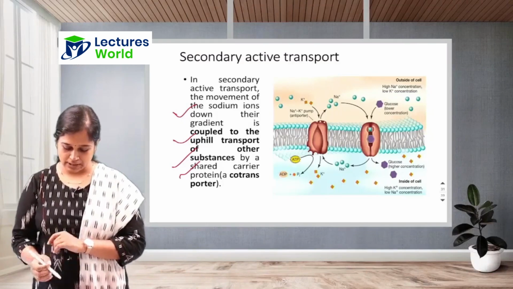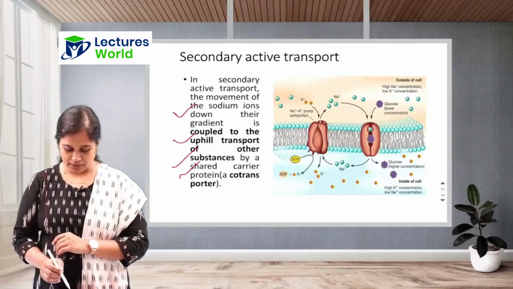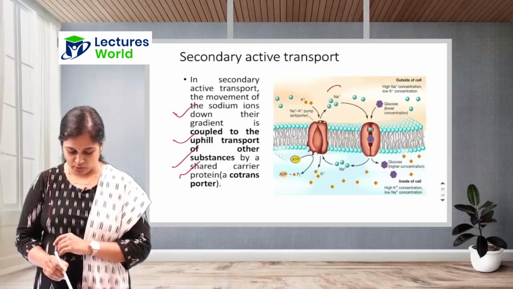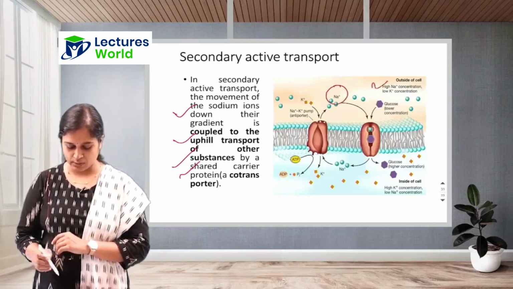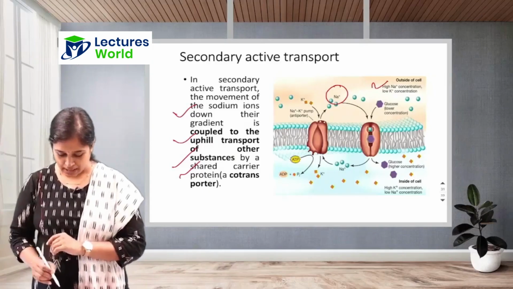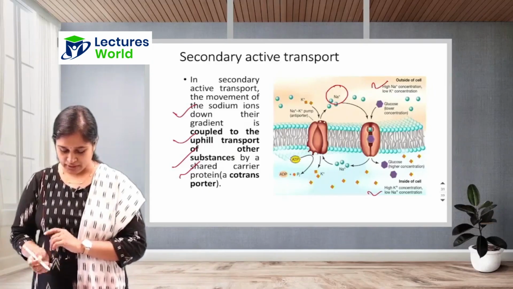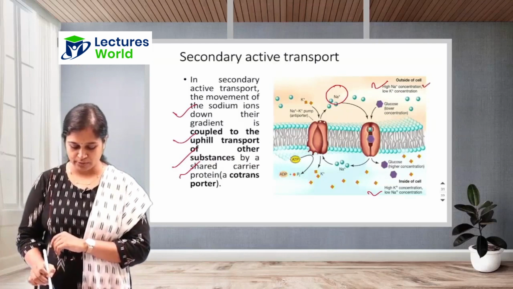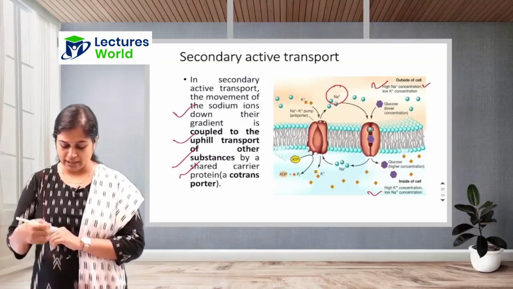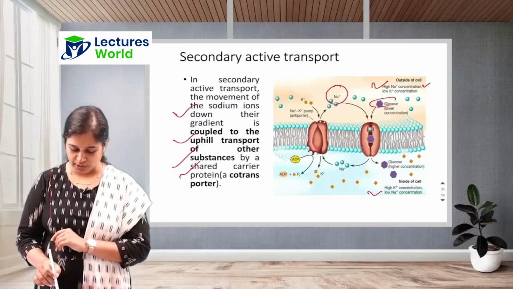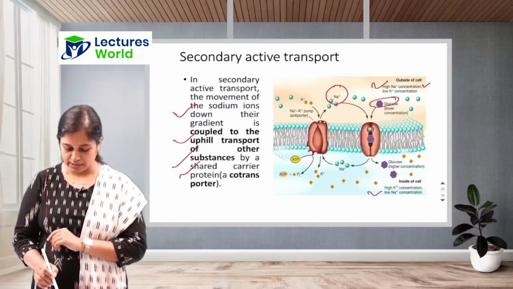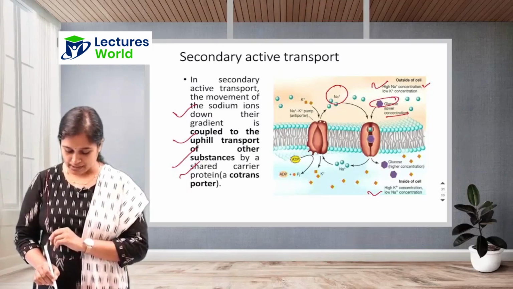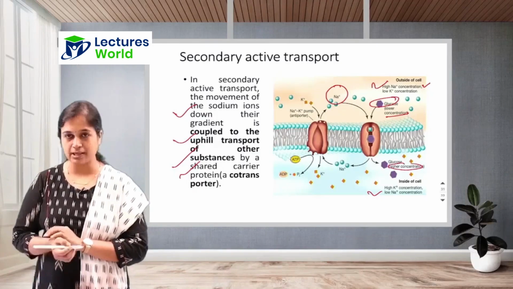For example, you can see in the image the sodium concentration is higher outside the cell and lower inside the cell. So this sodium molecule will be coupled with the glucose molecule. The glucose concentration is lower outside the cell and higher inside the cell.